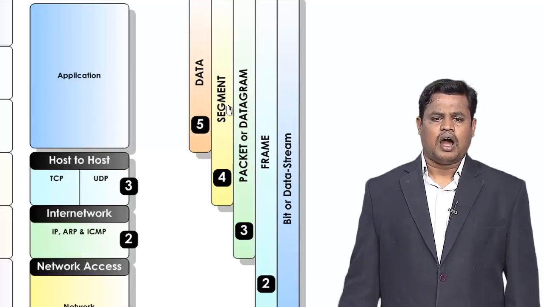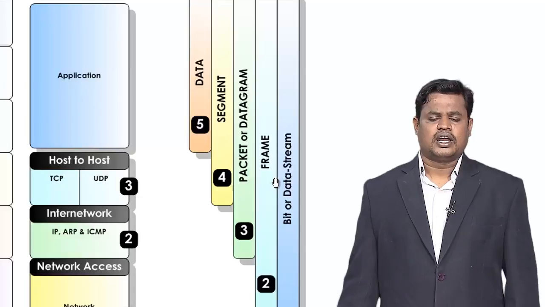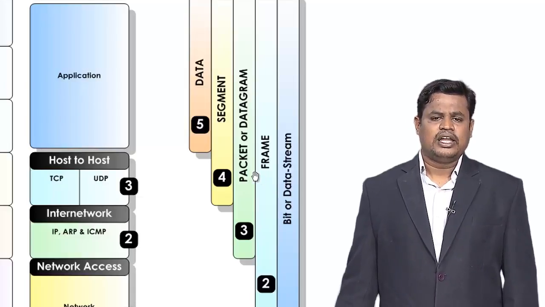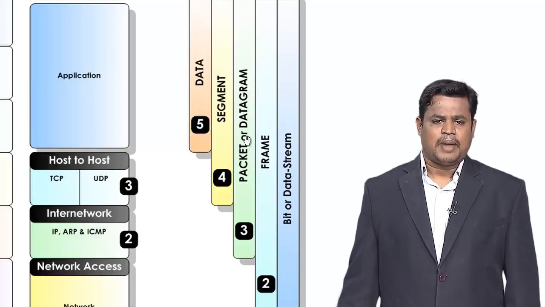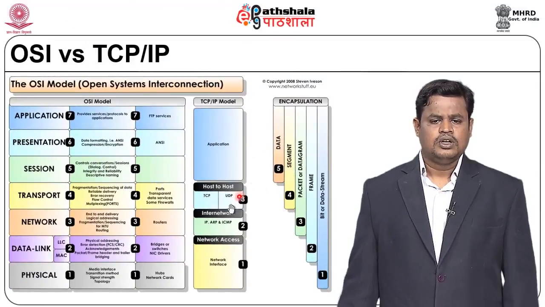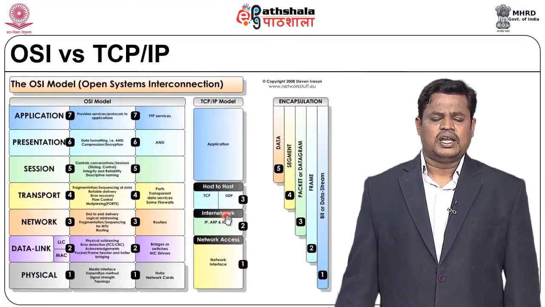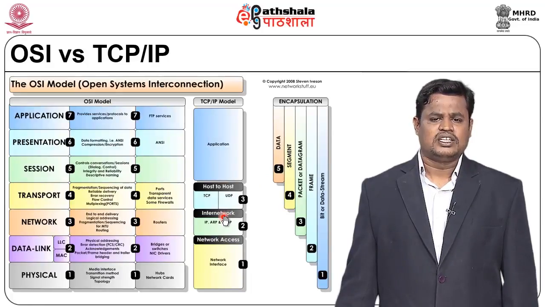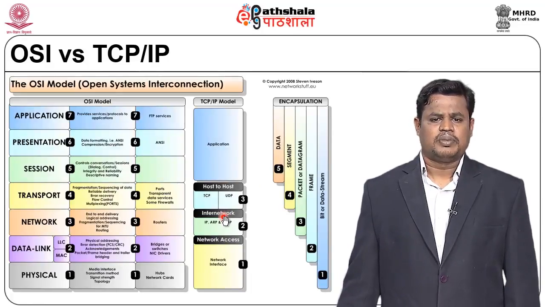So all the intermediate devices, up to the packet level, can see the content, and can also forward the particular content according to the information available. Then they go for the re-encapsulation process. From the segment they will add the packet and also the frame as well as the bit stream information. So this is what normally happens in networking. This is the process of how the data is transmitted from the source to the destination.